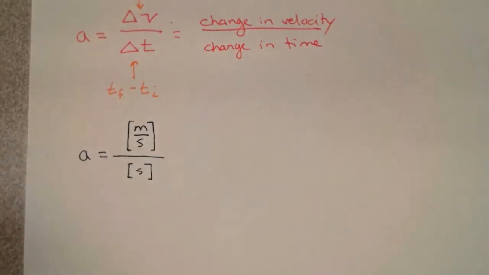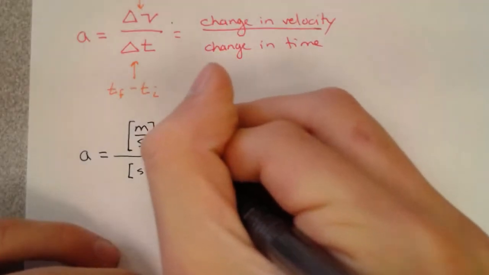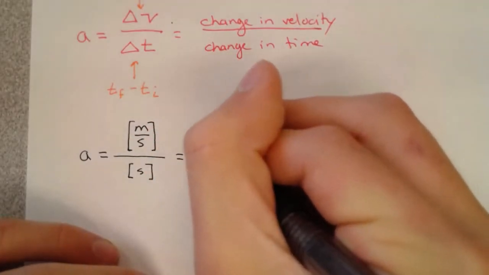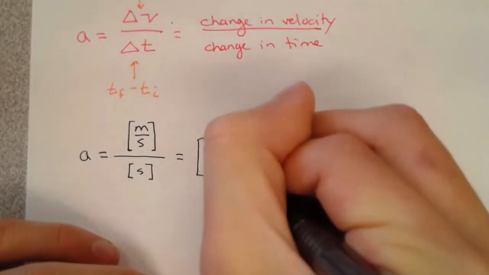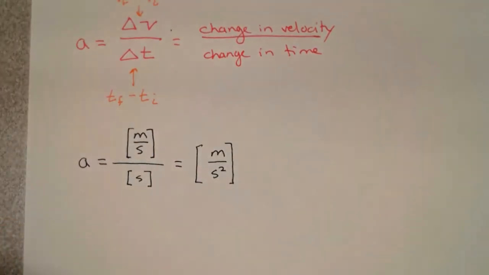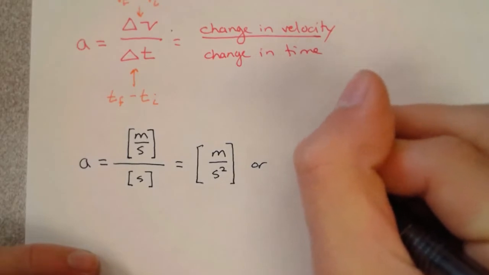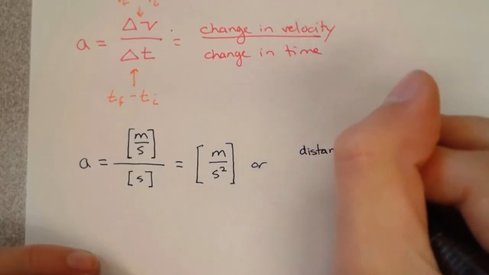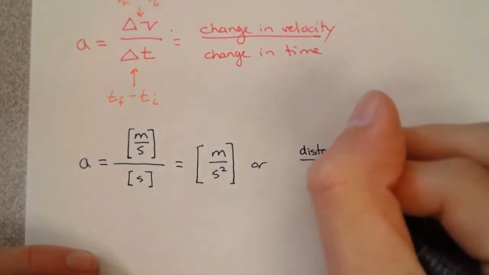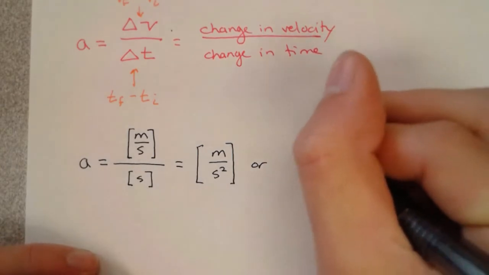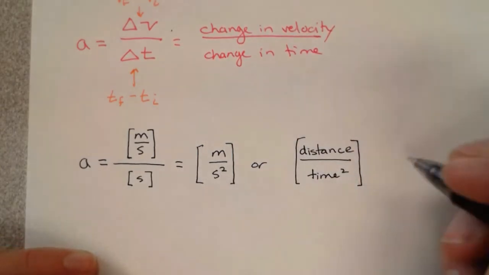That means I have meters per second per second. Well, that doesn't make sense. It's a lot easier just to say meters per second squared, or we have our distance divided by the time squared. Those are the units that we use.